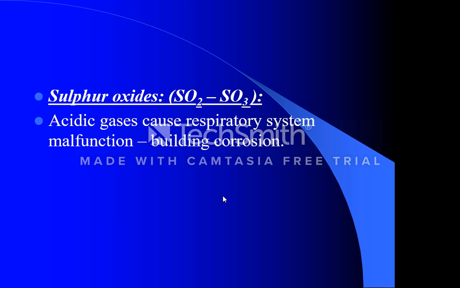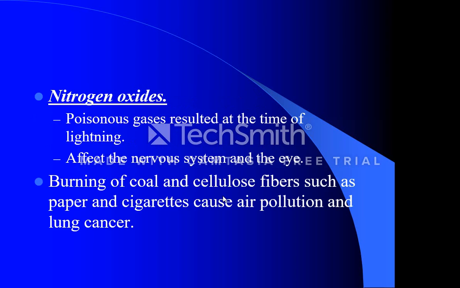Here we have sulfur oxides, and the sulfur oxides, by the way, they are acidic gases, and these gases causes respiratory system malfunction, which means breathing problems and building corrosion. The last type of gas that we have, nitrogen oxides.